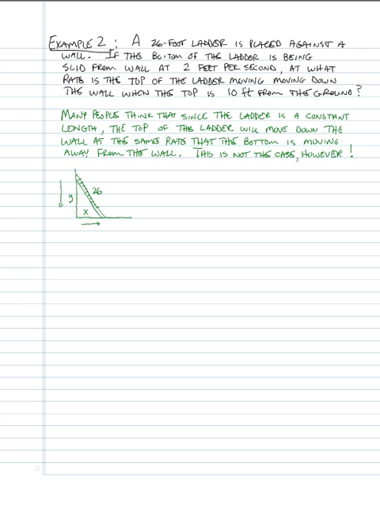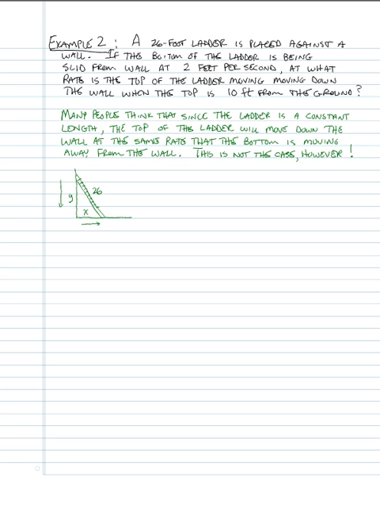But we're not going to put the 10 feet in there yet, because that's the y variable's value at a particular time, and we've got to keep thinking about this as a dynamic situation before we fix the time.